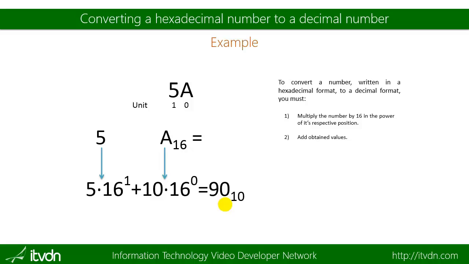So 5A base 16 is equal to 90 base 10. Don't get confused with this 10. I told you that A in the 16 base is 10 in the decimal base or base 10 system.